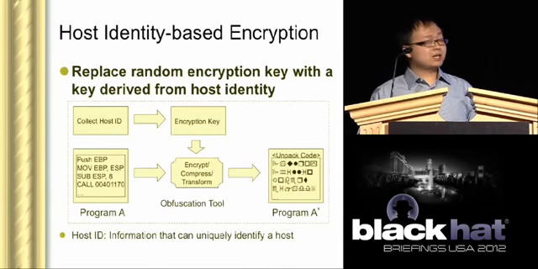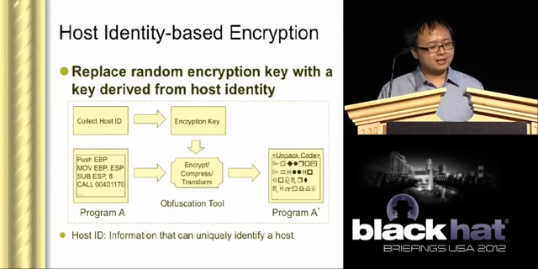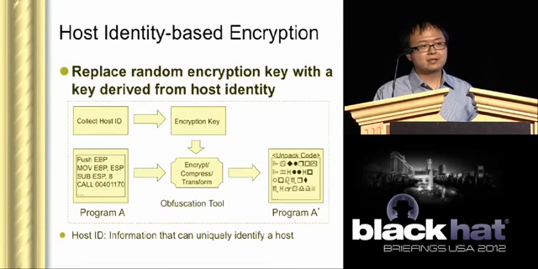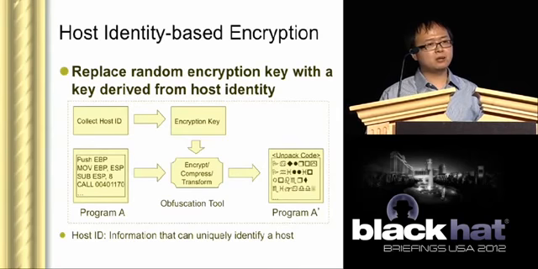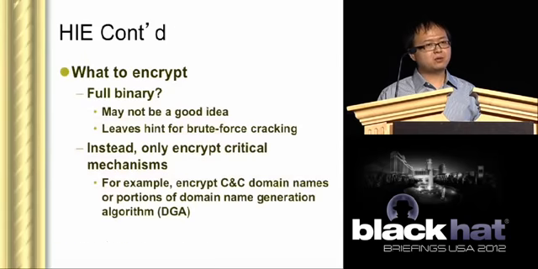While HIE seems simple, there are some details that need further consideration. The first is what to encrypt. A straightforward idea is to replace existing hacking tools with HIE and encrypt the whole binary. Therefore, if there is any difference between the runtime host identifier and the infection time host identifier, the unpacking will not be successful, and the malware will not be executed.